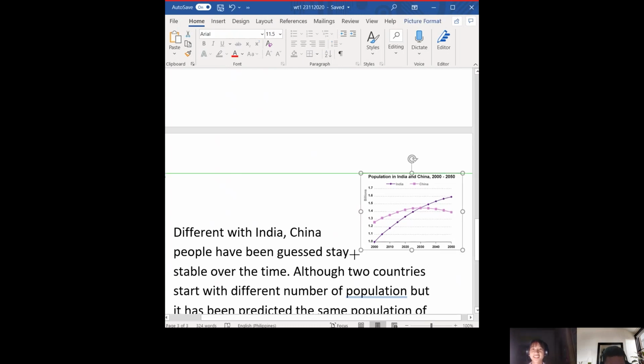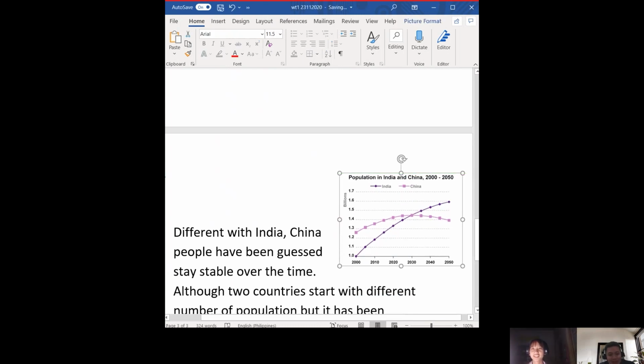Can I make it bigger so I can see it as well? So in 2030, they were actually of the same number. So you can actually talk about that.